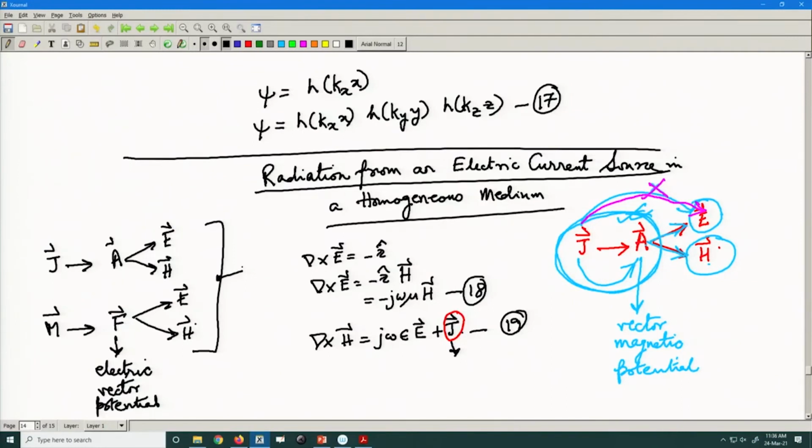But the important fact remains that we have to always go through the intermediary of the vector potentials A and F.